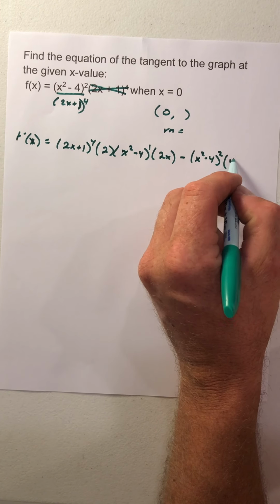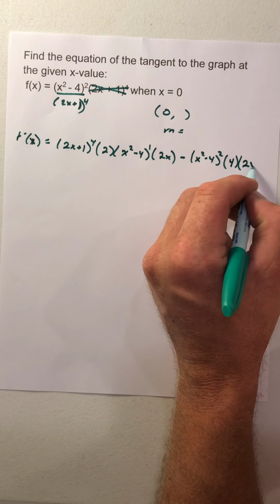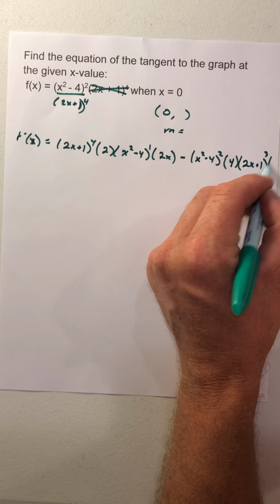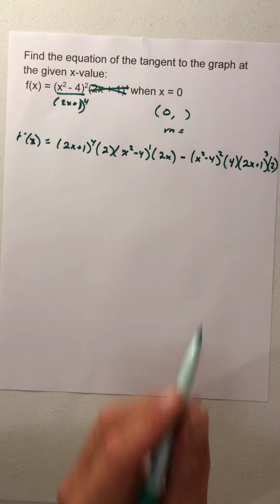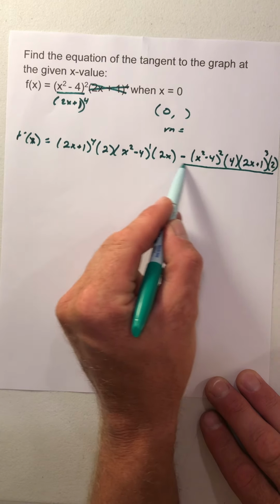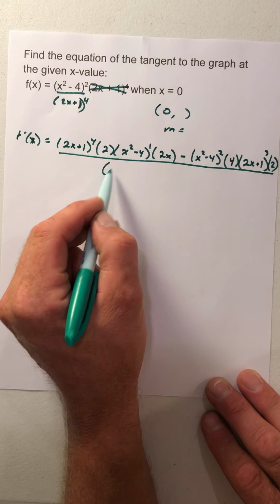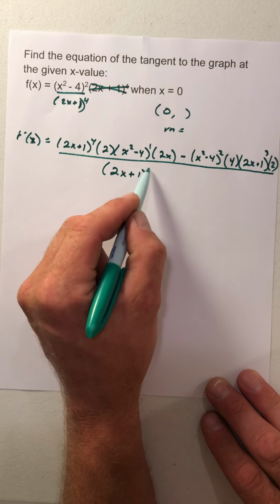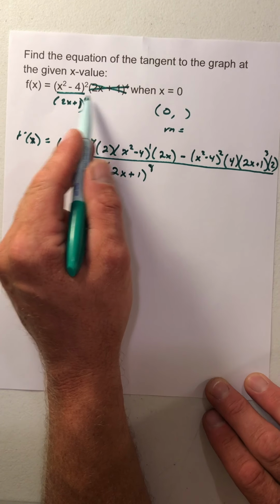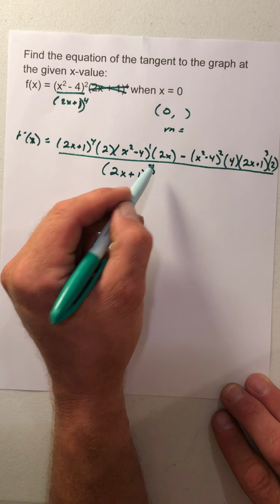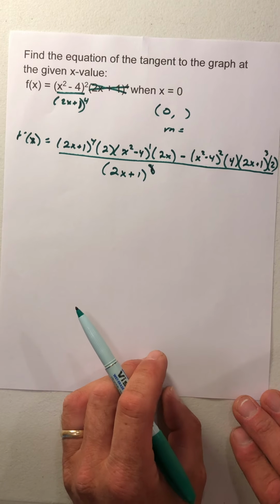D low, we have our 4, 2x plus 1 to the 3rd times 2. And don't forget to draw the line because we've got to go with the denominator squared. If we take 4 and raise it to the 2nd, we multiply the exponents so we get to the 8th.